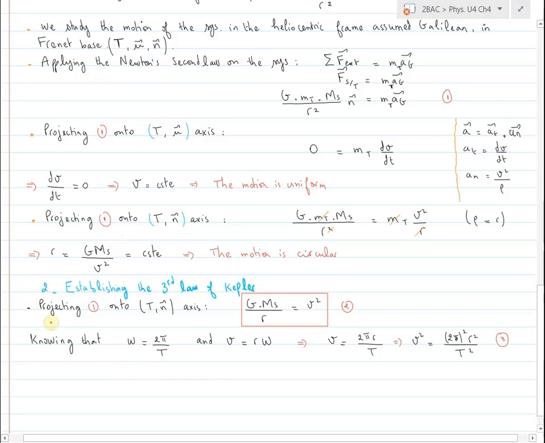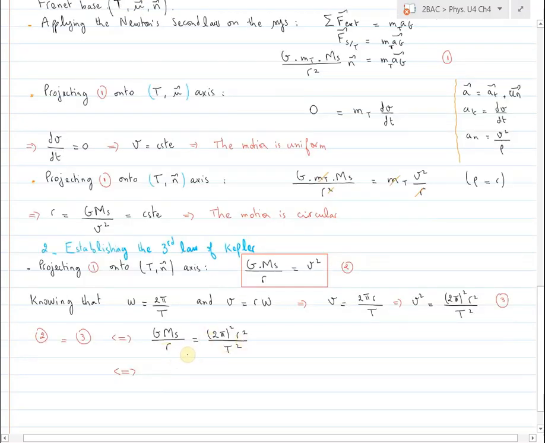So equation 2 is equal to equation 3. This leads to the following equation: G m_s over r is equal to 4 pi squared r squared over T squared.